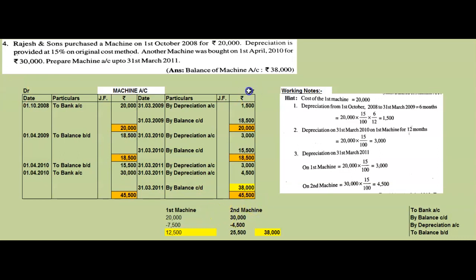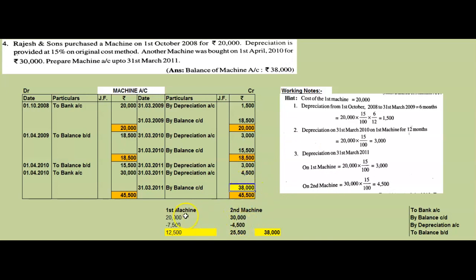Then the credit side total is 3,000 plus 4,500, which is 7,500. The debit side is greater, so you have to copy 45,500 on both sides. 45,500 minus 7,500, how much do you get? 38,000. This is our answer, and that is the answer given in the textbook also.